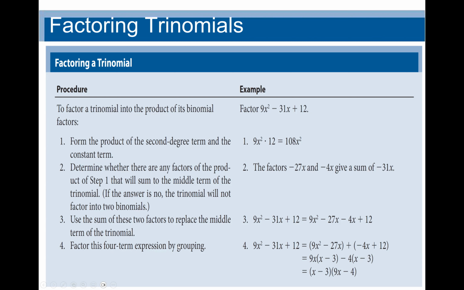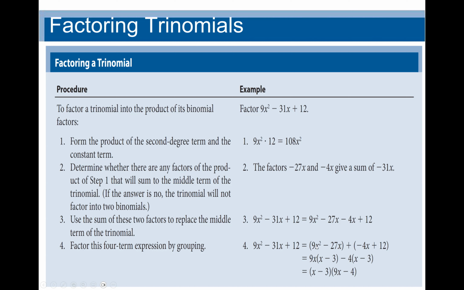So now we have to use the sum of these factors to replace the middle term of the trinomial. So in 9x squared minus 31x plus 12, I'm going to replace minus 31x with minus 27x and minus 4x. And that will give us 9x squared minus 27x plus minus 4x plus 12.